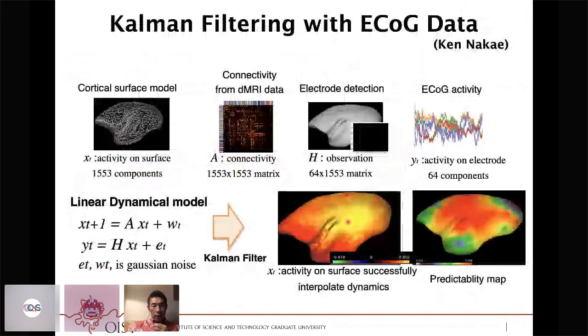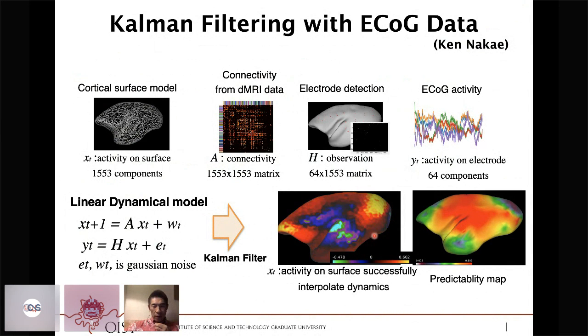So Ken tested this framework by assuming a linear model of this high dimension cortical surface model. And he could show, by the observation from the 64 points in the cortical brain, that he could estimate the underlying activity in the cortical surface.